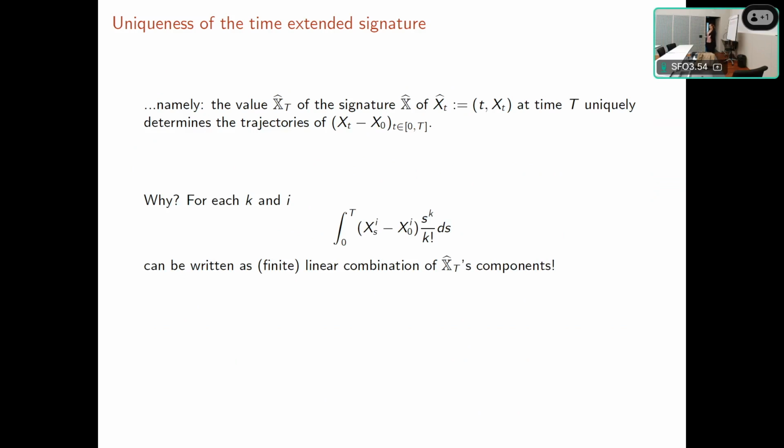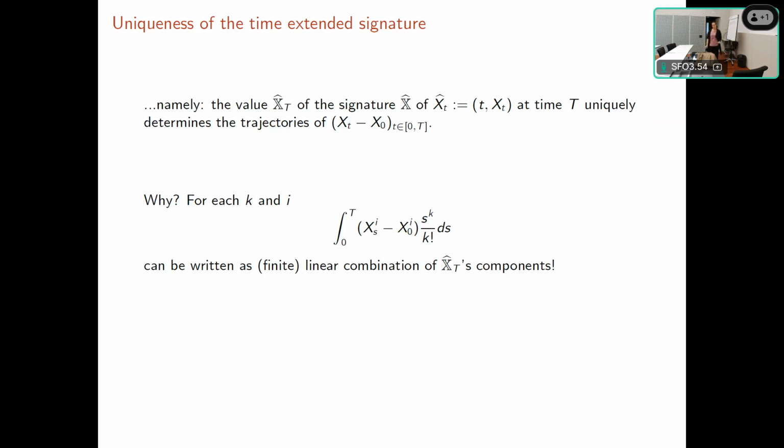And as soon as we have a linear combination of the signature, if we integrate with respect to one of the components, we get again a linear combination of the signature. So this type of integral here can be written as a linear combination of the signature, which means that knowing the signature, you also know the value of all these integrals.